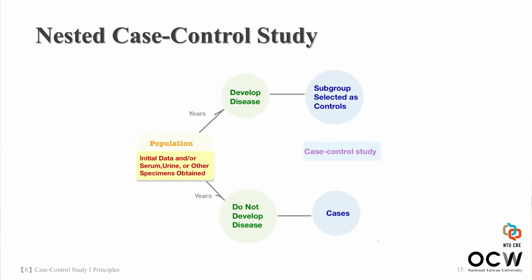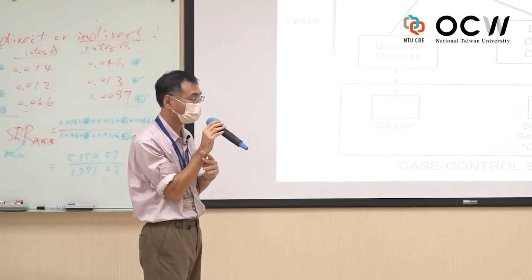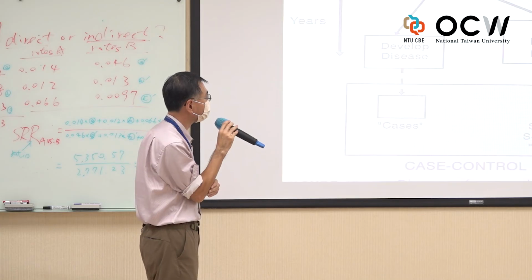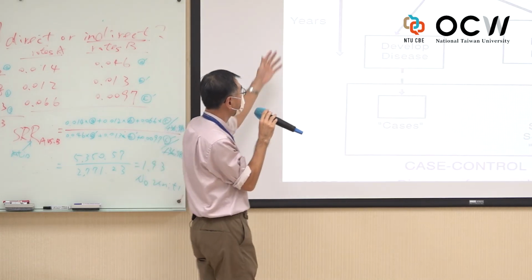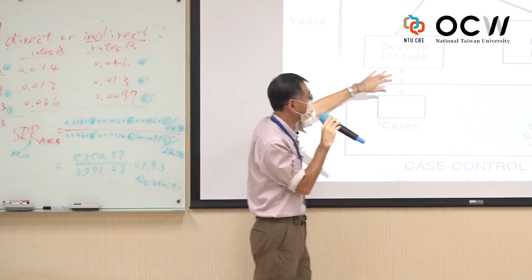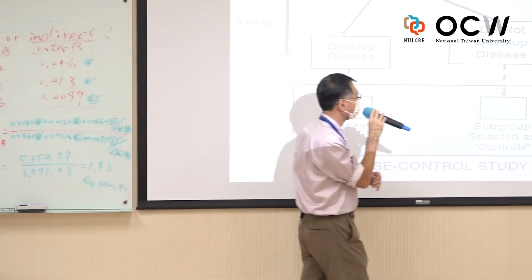At baseline, we perform a lot of measurements of potential exposure information, like serum or urine or other specimens, and put them in the refrigerator for further analysis later by some lab work. After a follow-up period, some of them might develop the disease, right? And maybe most of them don't have the disease.